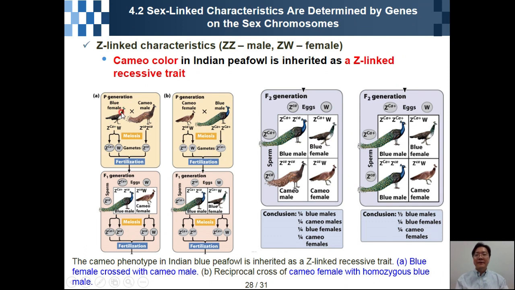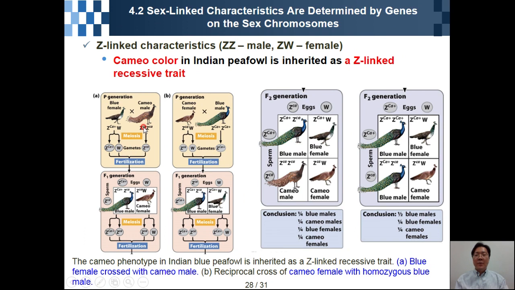Blue female will be ZCA plus and W, like this. So after meiosis, this one makes the egg: one egg is like the ZCA plus, the other egg is W.